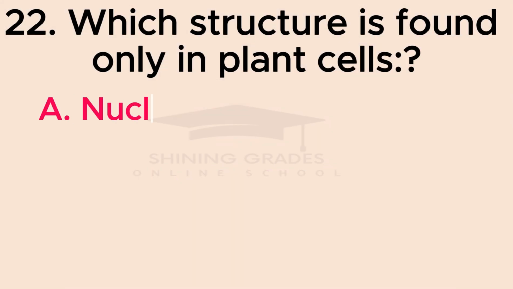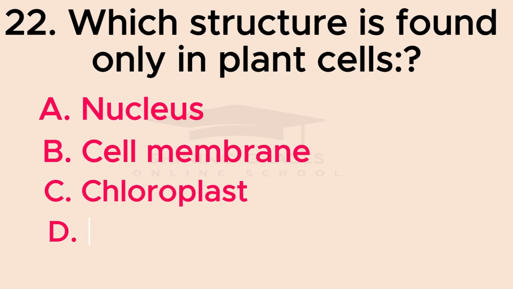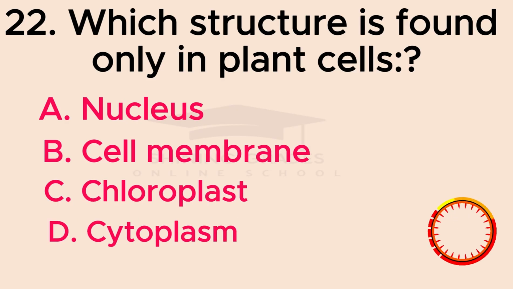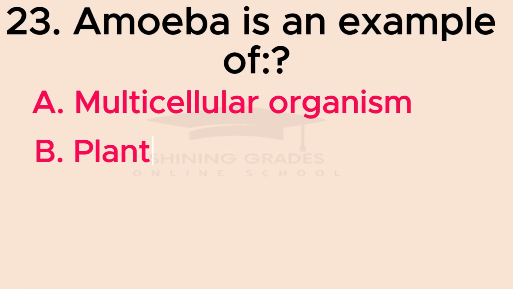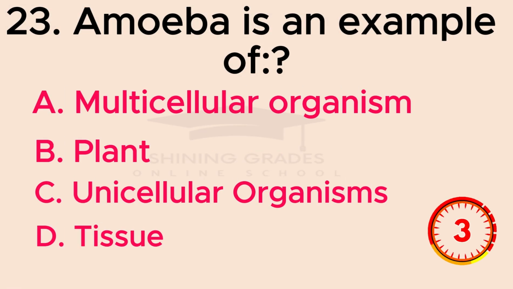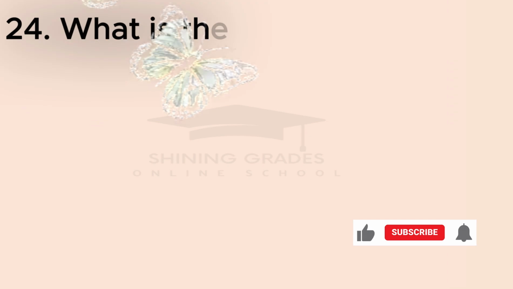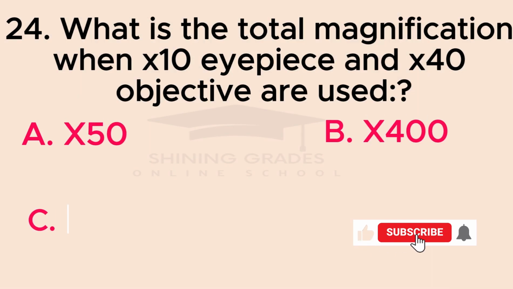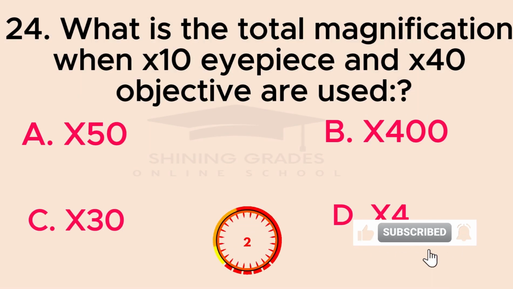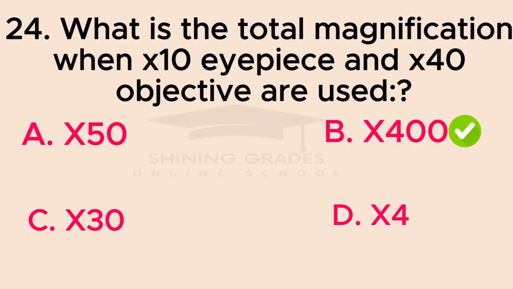Question 22. Which structure is found only in plant cells? Question 23. Amoeba is an example of. Question 24. What's the total magnification when times 10 eyepiece and times 40 objective are used?